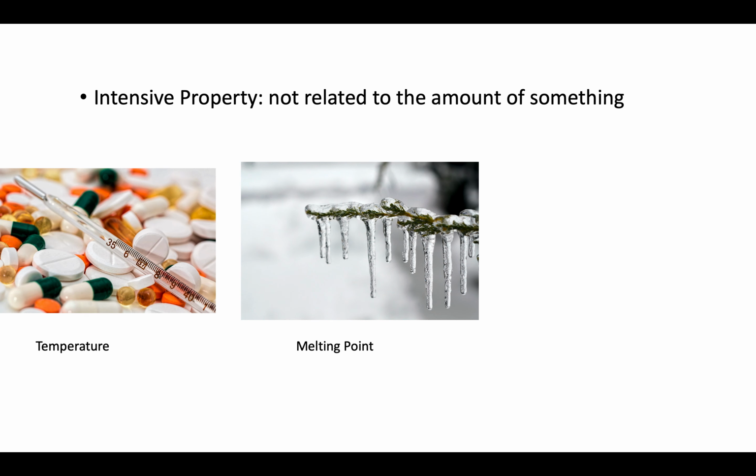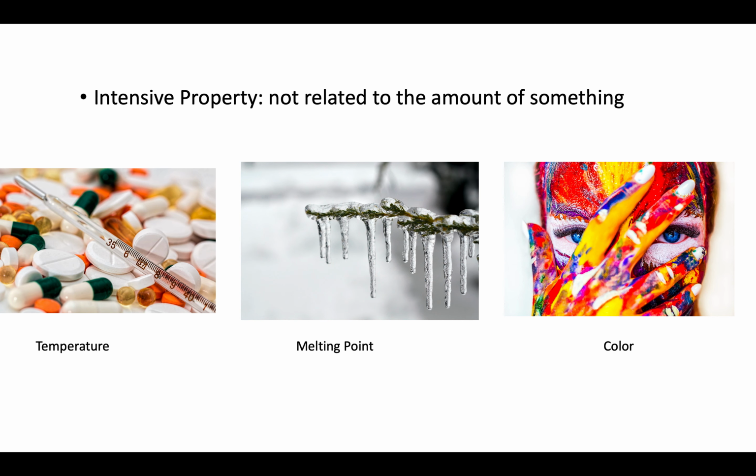Or if you take an ice block out of the fridge, it starts to melt at 0 degrees C. It's the same process for this ice cube as for the ice on top of a lake, right? So it's not related to how much water there is, an ice cube or all the water in the lake. It's really related to the chemical you're talking about, which is water, right?